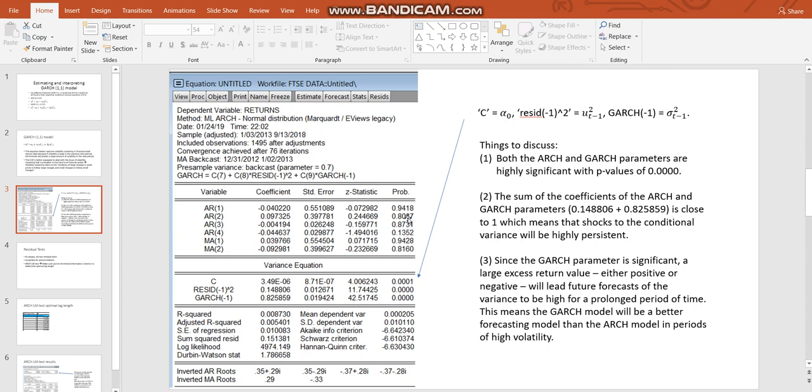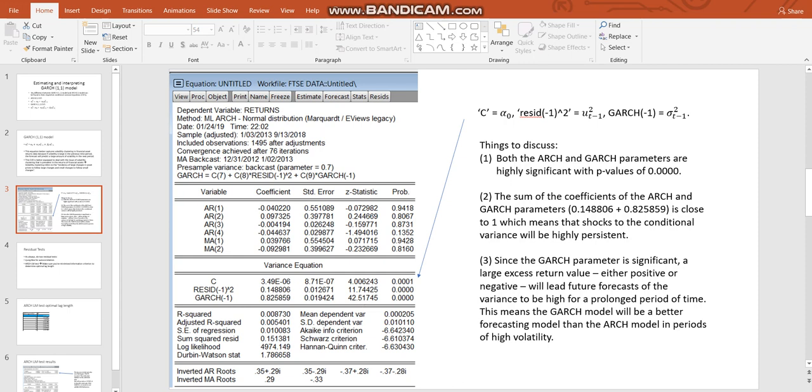As you can see, by the way, the p-values for our variables are basically all insignificant at the 5% level when you're using this model. That doesn't mean that you should try chopping and getting rid of all the various terms of your conditional mean equation. In fact, you should probably keep it consistent throughout, so you should just keep it the way it is. But your main focus should be on the variance equation.